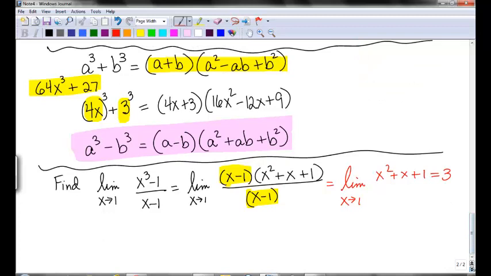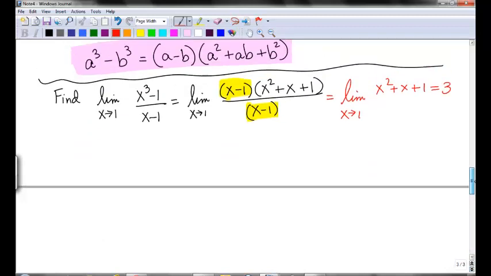Okay, now let's graph it. Do a little sketch. And you got to know when you put it in to do this. Okay, can x be 1? No. So that's either an open circle or it's an asymptote, so you can check it on your graph.